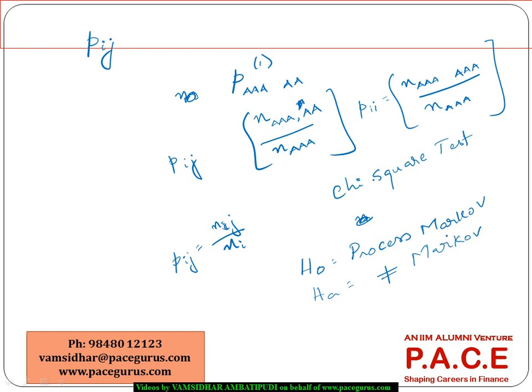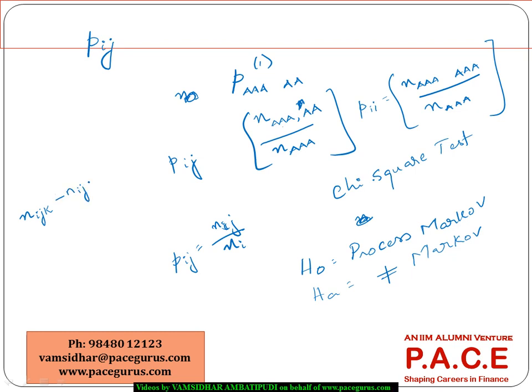So the chi-square test we are using to test the same: we are talking about the number of firms Nijk, which is given in the data set. We are talking about moving from state I to state J and then to K, where we are looking at Nijk minus Nij into Pjk, squared, divided by Nij into Pjk.